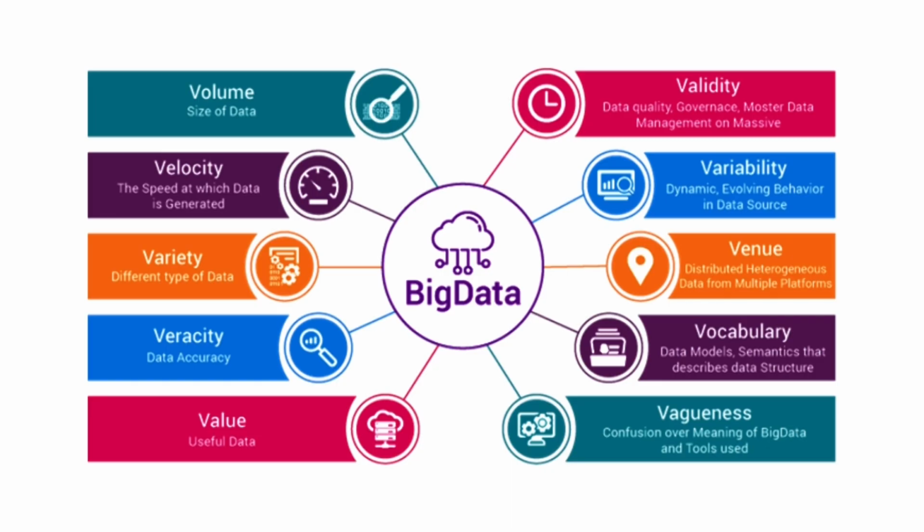You have got a variety of data, and from that you check the data accuracy. Then the value of useful data and validity, data quality, governance, and master data management are also a part of validity. Variability is like dynamic, evolving behavior in the data source.